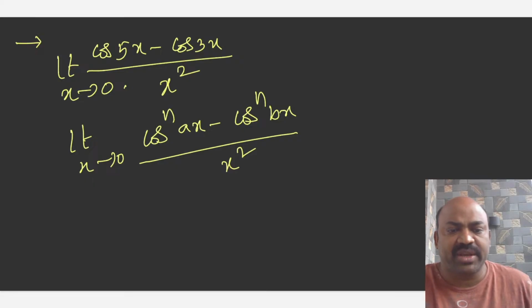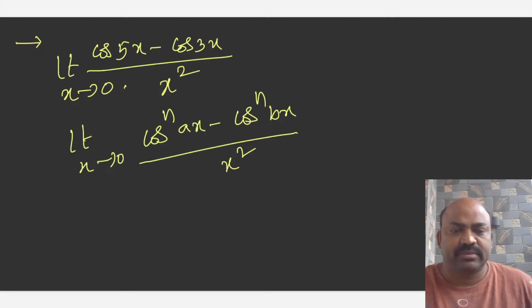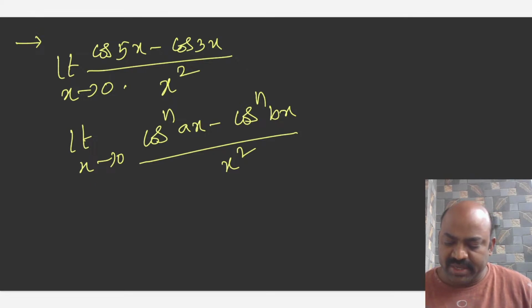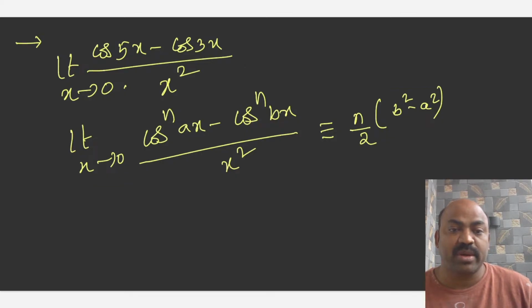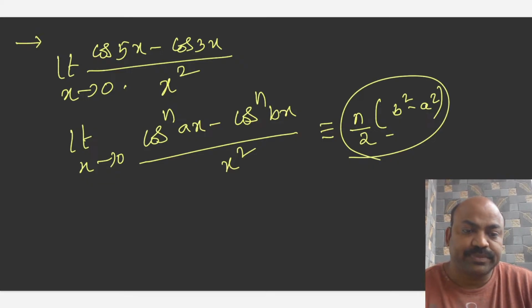Give me the answer very quickly. A very simple formula, write down this formula: n by 2 times (b square minus a square). That's it.